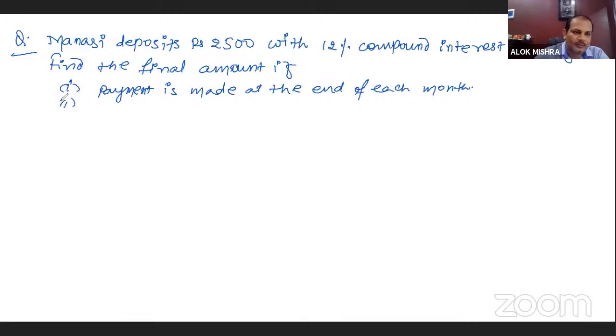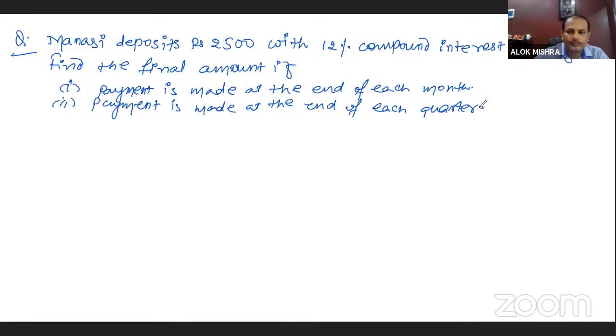And second part, payment is made at the end of each quarter. Fine.